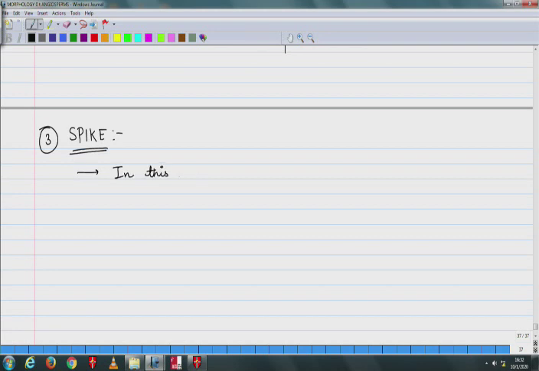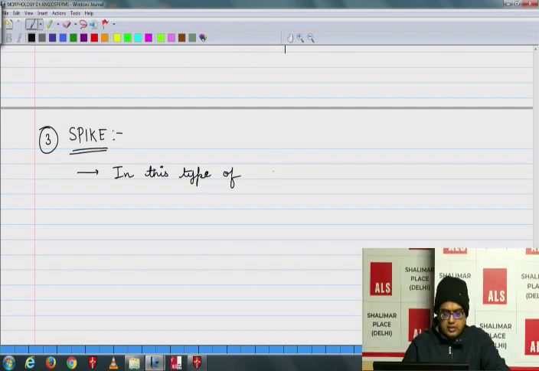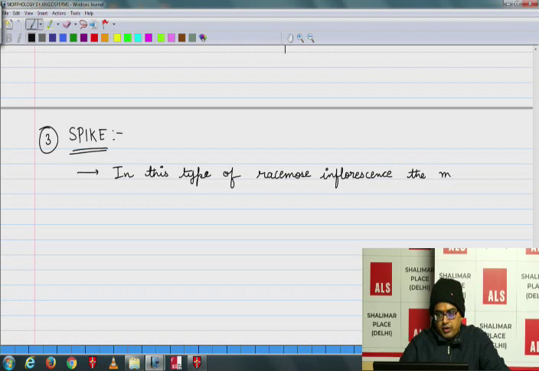In this type of racemose inflorescence, the main axis remains elongated. The main axis is like a simple raceme but without pedicel.